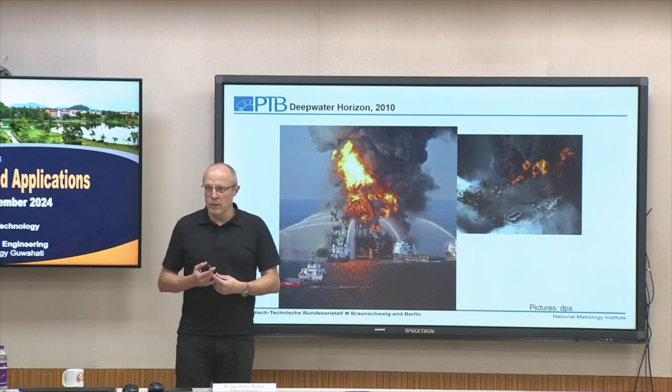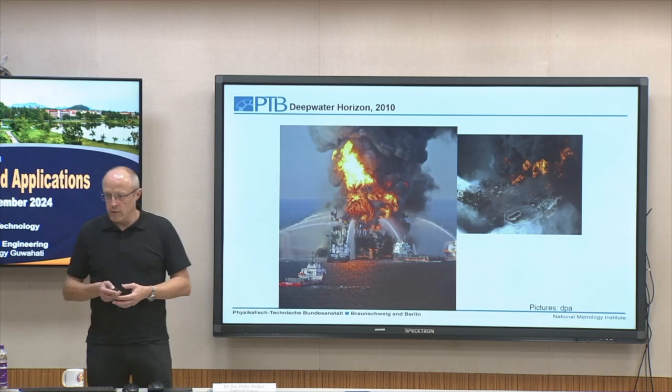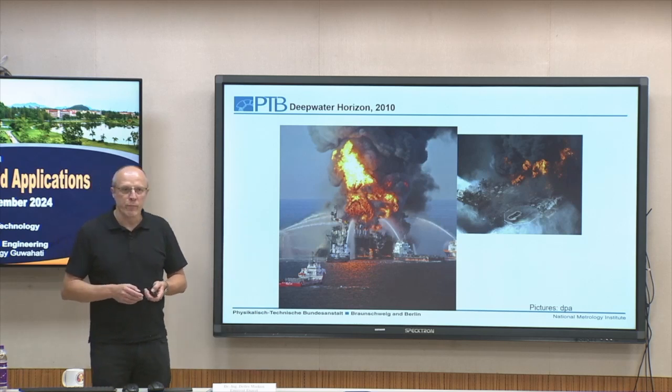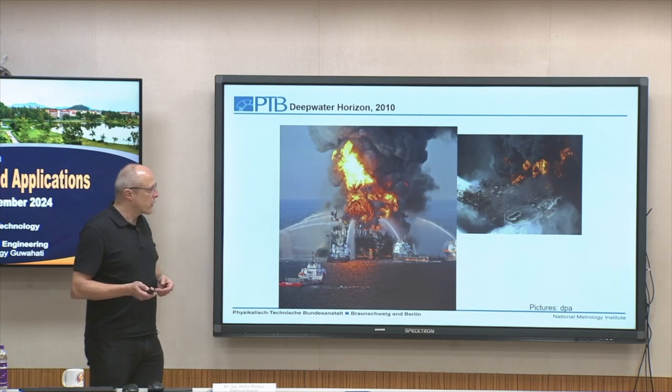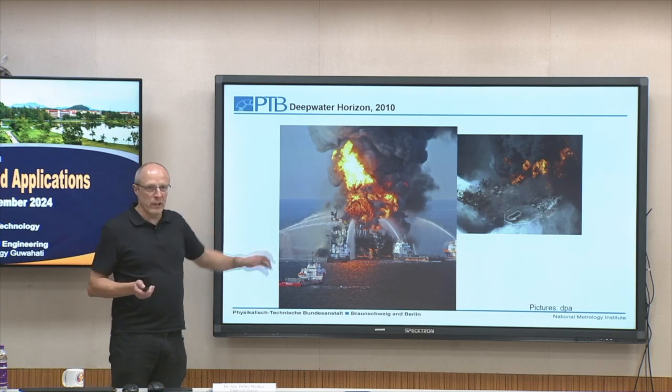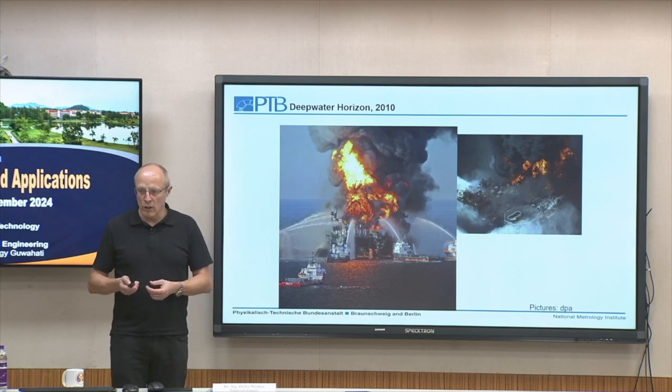There was of course a leakage of a large amount of oil, so a subsequent pollution of the sea in this area, which has had heavy consequences. So the cost of such an accident is in the range of billions of euro or dollars.